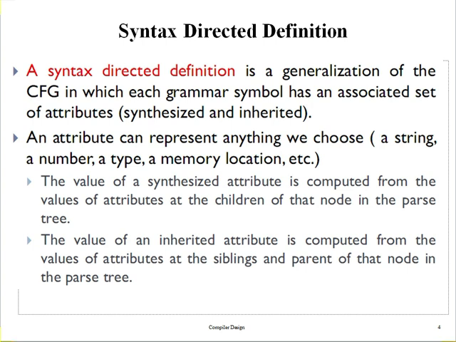So in order to add a set of semantic rules to context-free grammar production rules, we need to attach an attribute, either synthesized or inherited, to each grammar symbol, and that grammar symbol can be a non-terminal or terminal symbol.